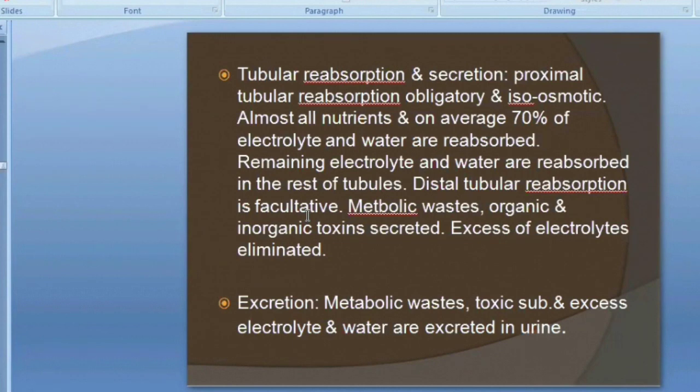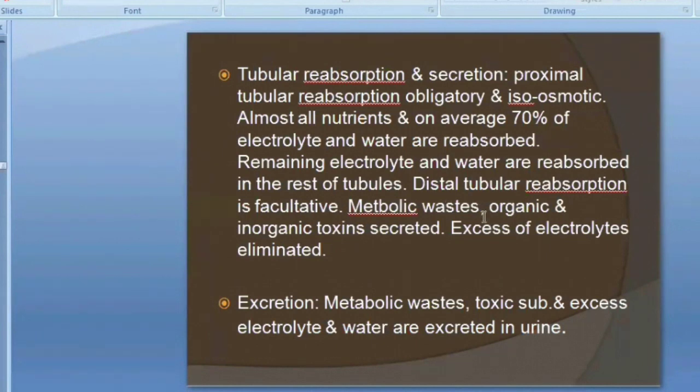So, facultative reabsorption means the reabsorption that occurs under the influence of hormones. Facultative reabsorption takes place mostly in the collecting duct and the distal part of the distal tubule. This is important to remember.